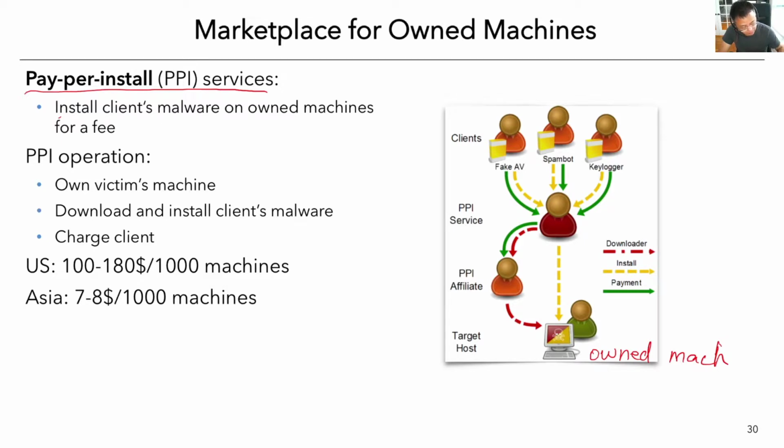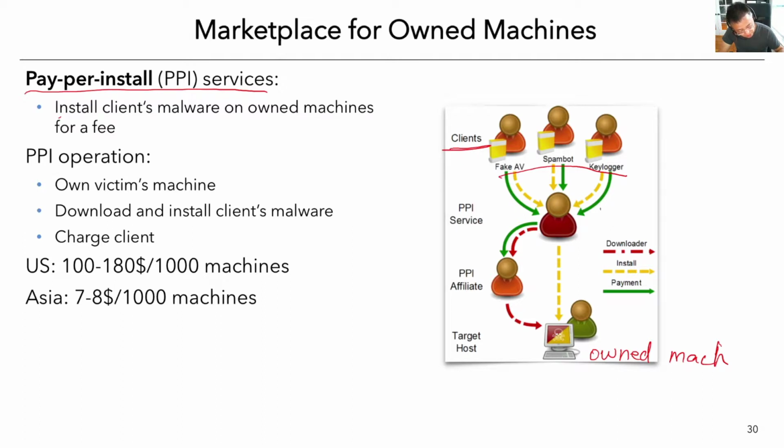Then somebody compromised this machine, so it's going to install an installer. Now, the clients will provide a malware, and this malware can profit from those compromised machines. Okay, so they are paying a fee to this guy.